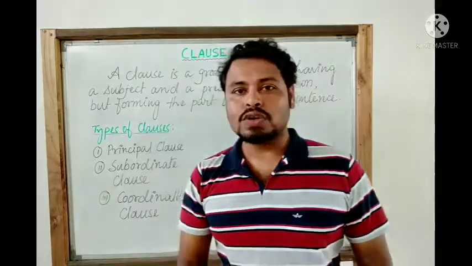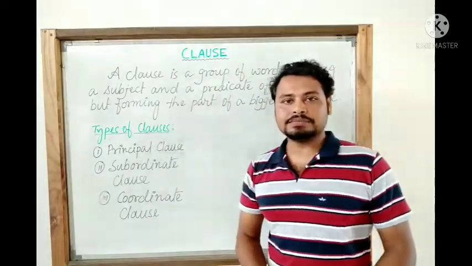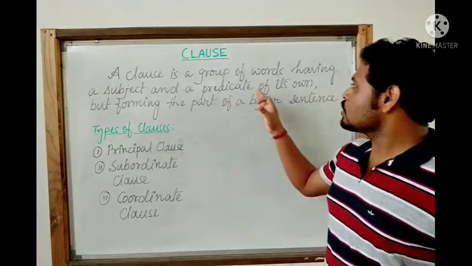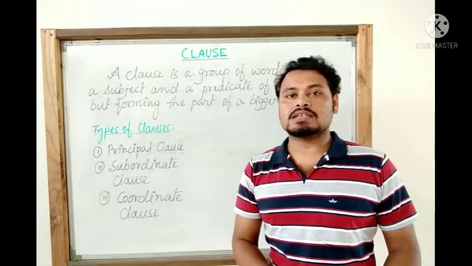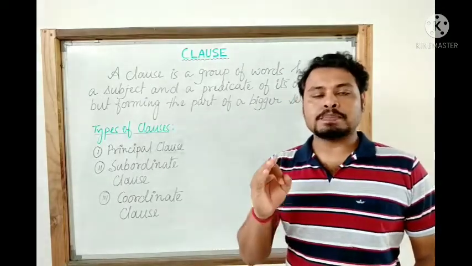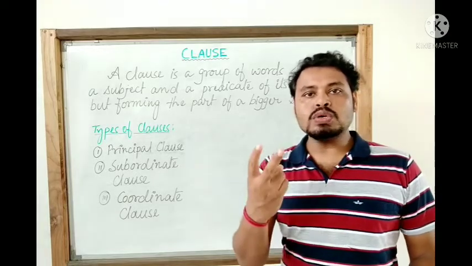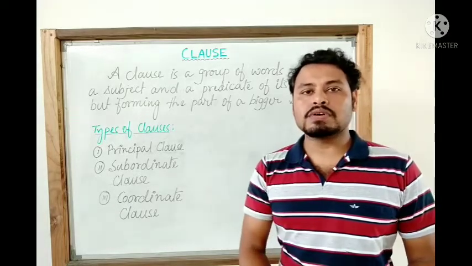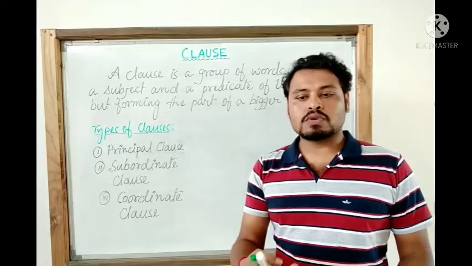So first let us know the definition of clause. As you can see, a clause is a group of words having a subject and a predicate of its own, but forming the part of a bigger sentence. So two important things we have to remember if we try to remember the definition of clause.